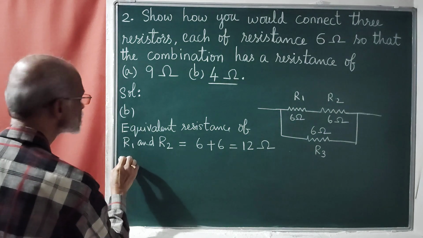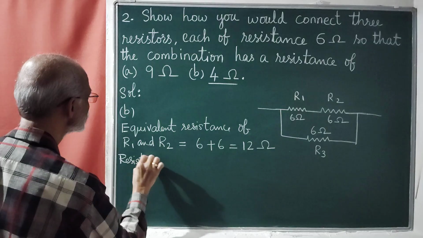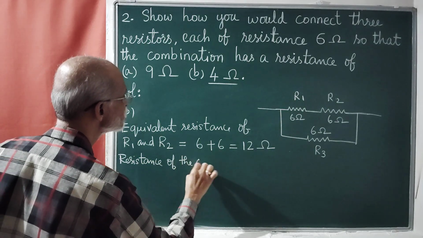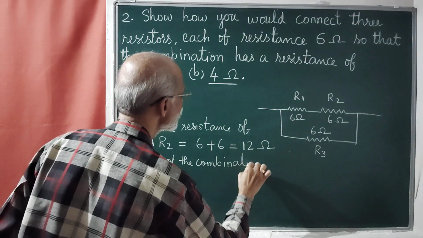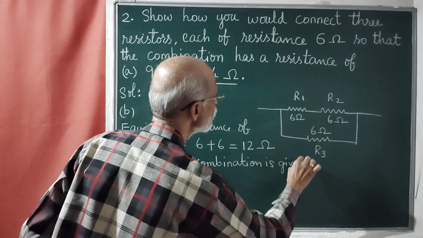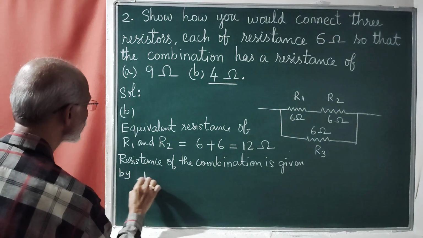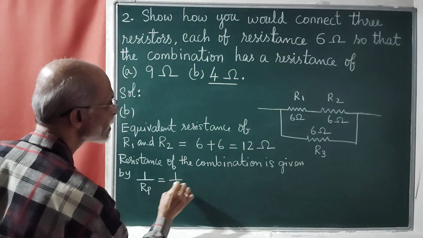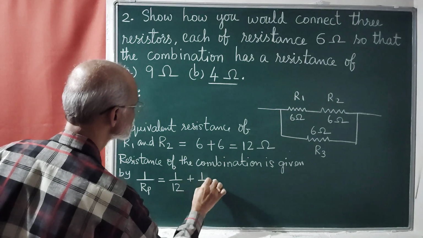Now the resistance of the combination is given by 1 by Rp, that's equal to 1 by 12 plus 1 by 6.